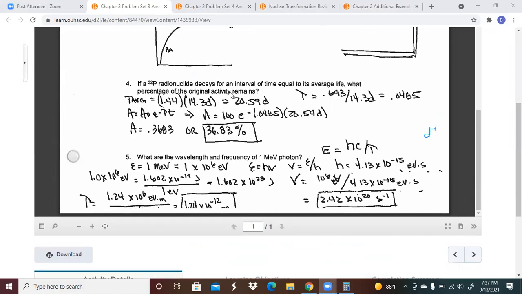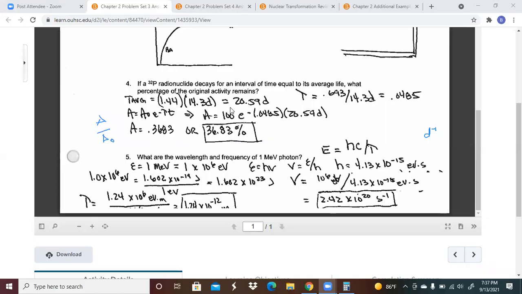In other words, rather than substituting in 100 there, you could have just said A divided by A naught after dividing both sides by that. That way, whatever you end up with here is a fraction, much like what you saw up there.